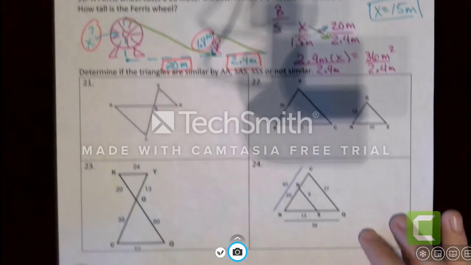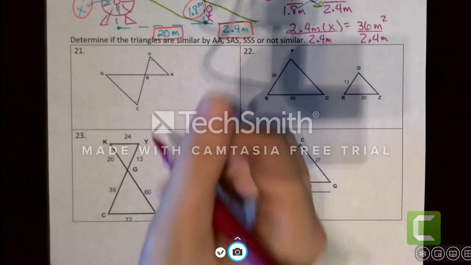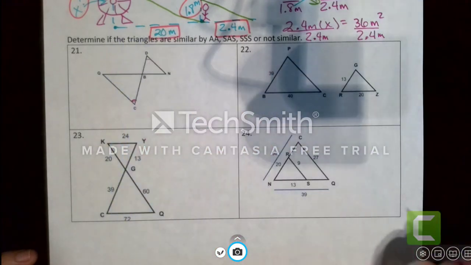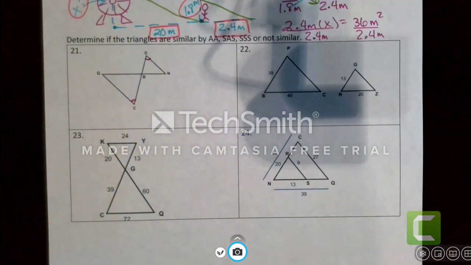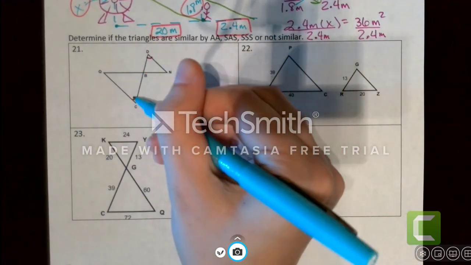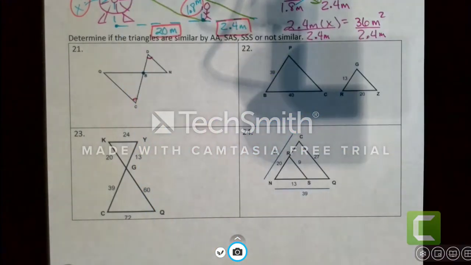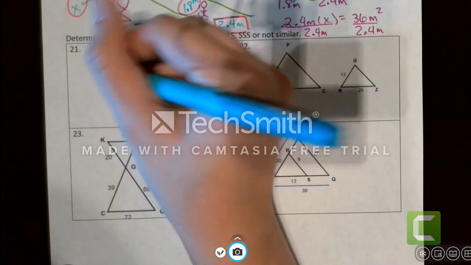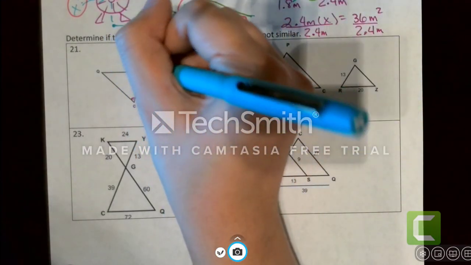Finally, we're going to look at our similarity theorems. Starting with 20. In 20, I'm told that angle C is congruent to angle D, but nothing else. However, I can assume that since we have two angles across from each other, sharing a vertex like this, that angle QBC is congruent to angle NBD.